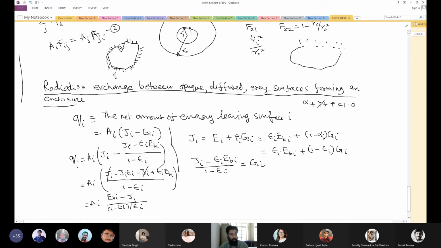So this is our first equation. From three variables, I got an equation involving two variables, so I need another equation to solve for Ji or Qi.